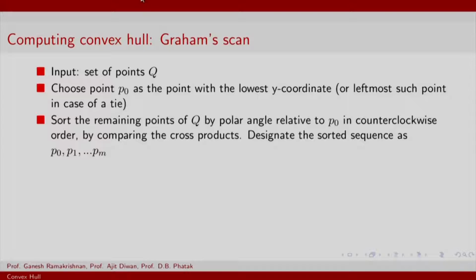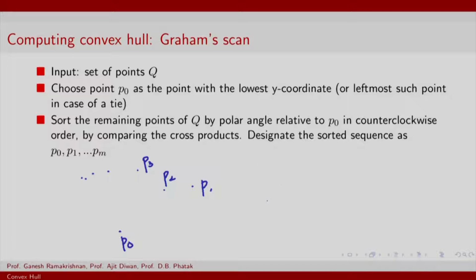What does this mean? So let us say the point that we have already included here, P0, which is the point with the smallest y coordinate, is here, and let us look at P1 here, P2 here, P3 and so on.